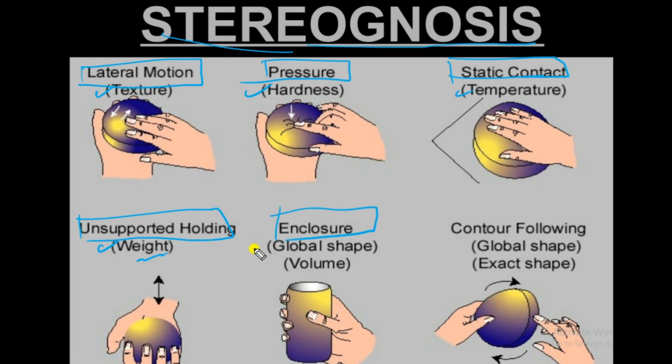By enclosure, we can understand the global shape or volume, and by contour following, we can understand the exact shape. So destruction of the dorsal column leads to impairment in stereognosis, or astereognosis.